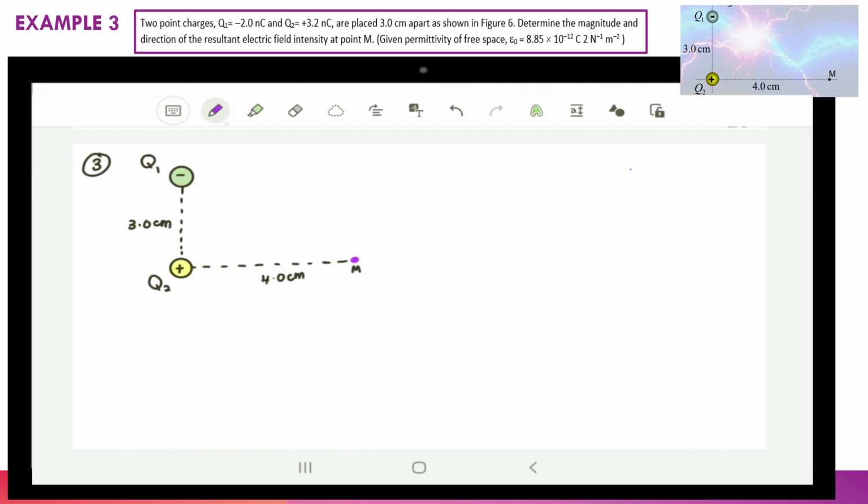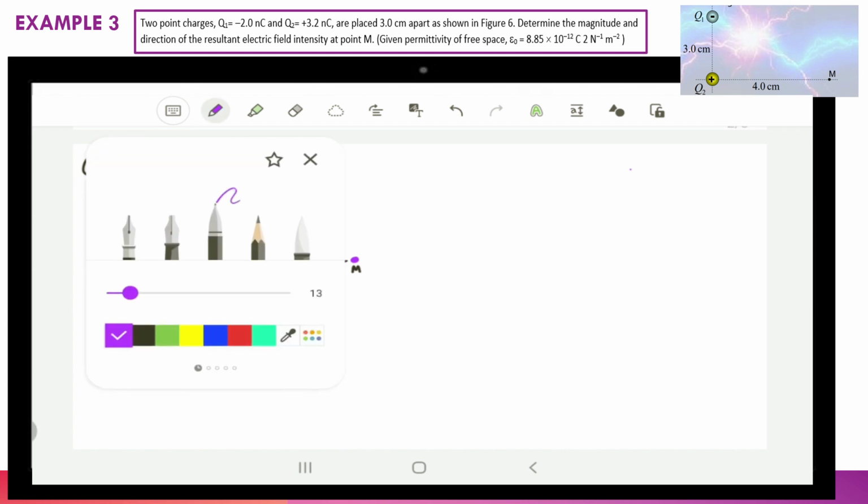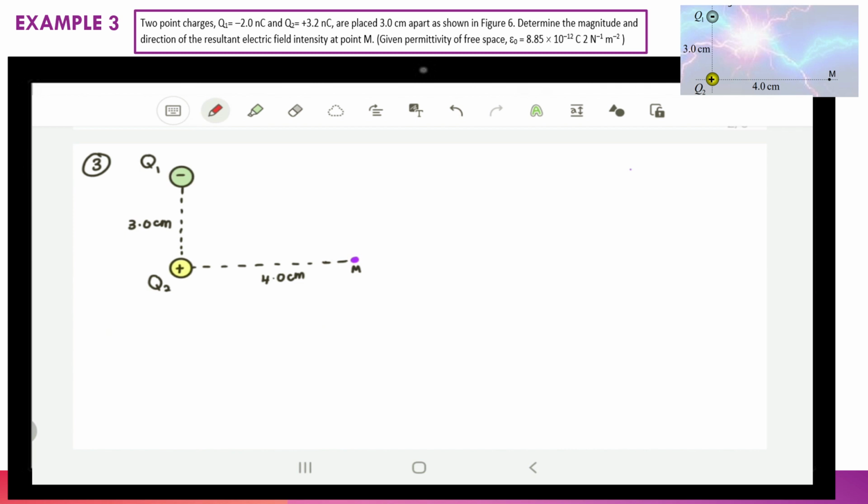Before we start, we need to draw the direction of the electric field strength at point M due to charge 1 and charge 2. So you can look at here. First of all, I'm going to draw the hypotenuse line for this triangle. Okay, so this is the line.